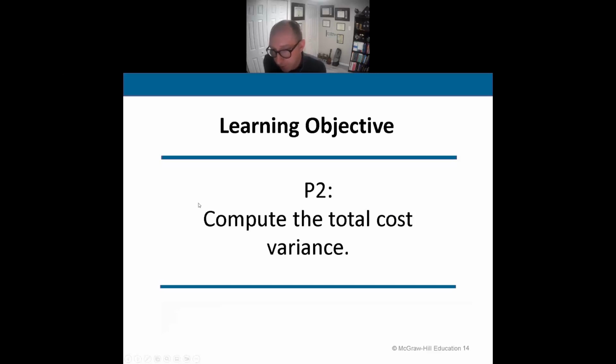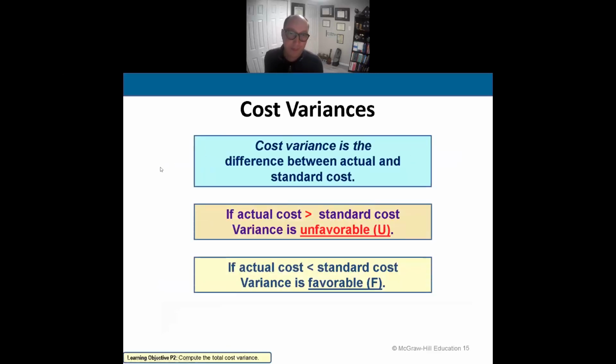Now let's compute the variances. As we discussed, a variance is the difference between the actual and standard cost. That's what the word variance means. It means difference.